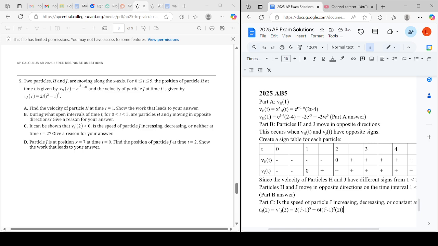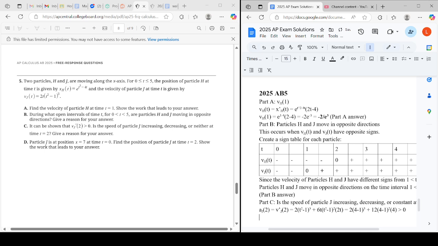And when we plug in 2, this would be a positive value since we have 2 times 4 minus 1 cubed plus 12 times 4 minus 1 squared and 4 times 4. And all we have to say is this is greater than 0.